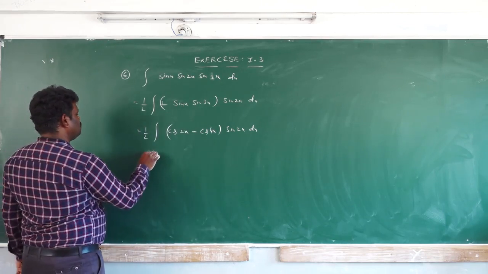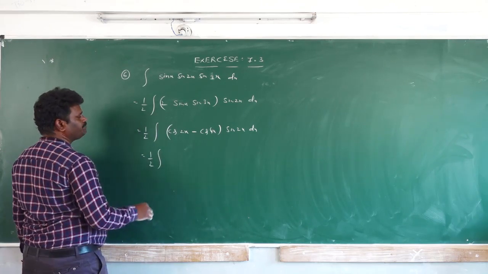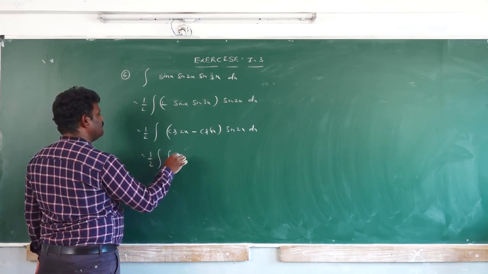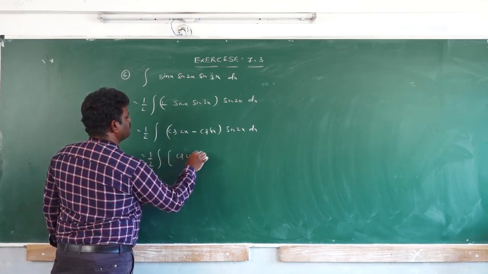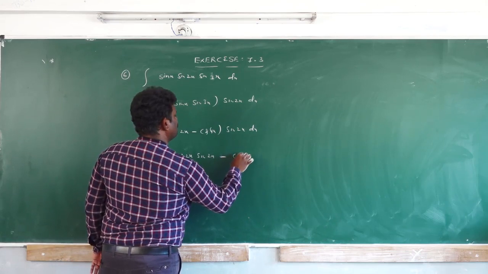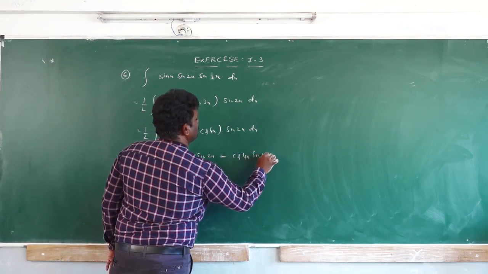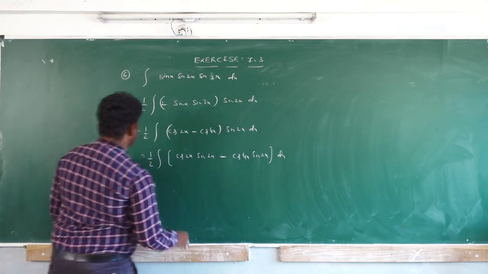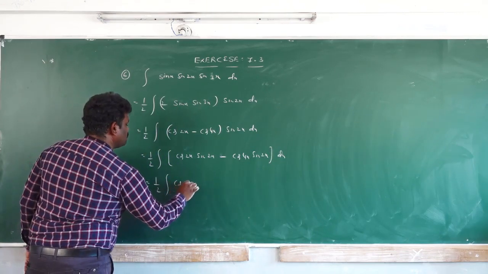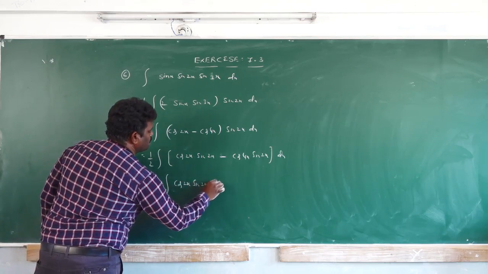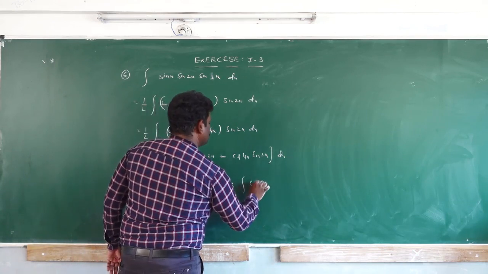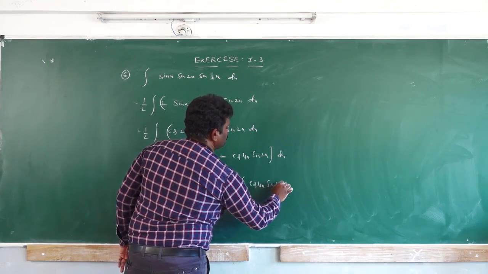Now that is equal to 1 by 2 integral. Multiplying the terms: cos 2x sin 2x minus cos 4x sin 2x dx. Now separating the integration: 1 by 2 integral cos 2x sin 2x dx minus 1 by 2 integral cos 4x sin 2x dx.